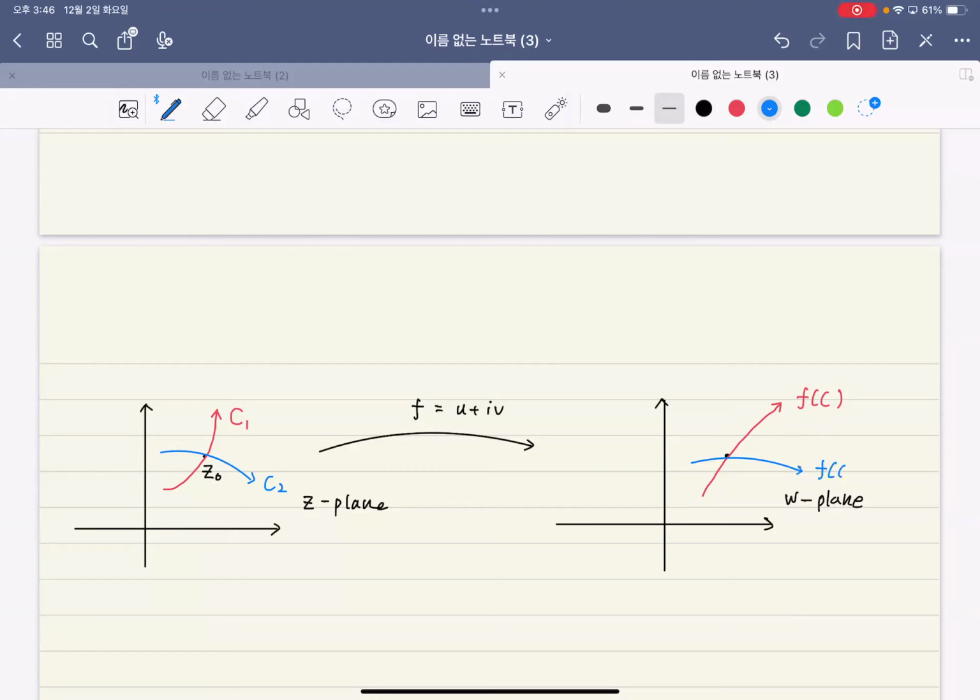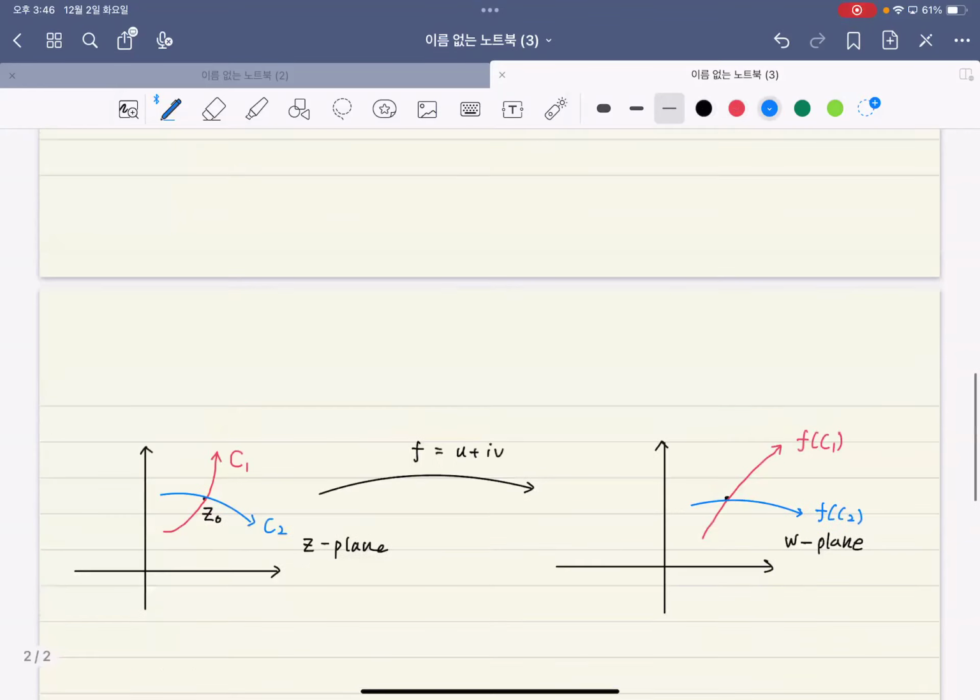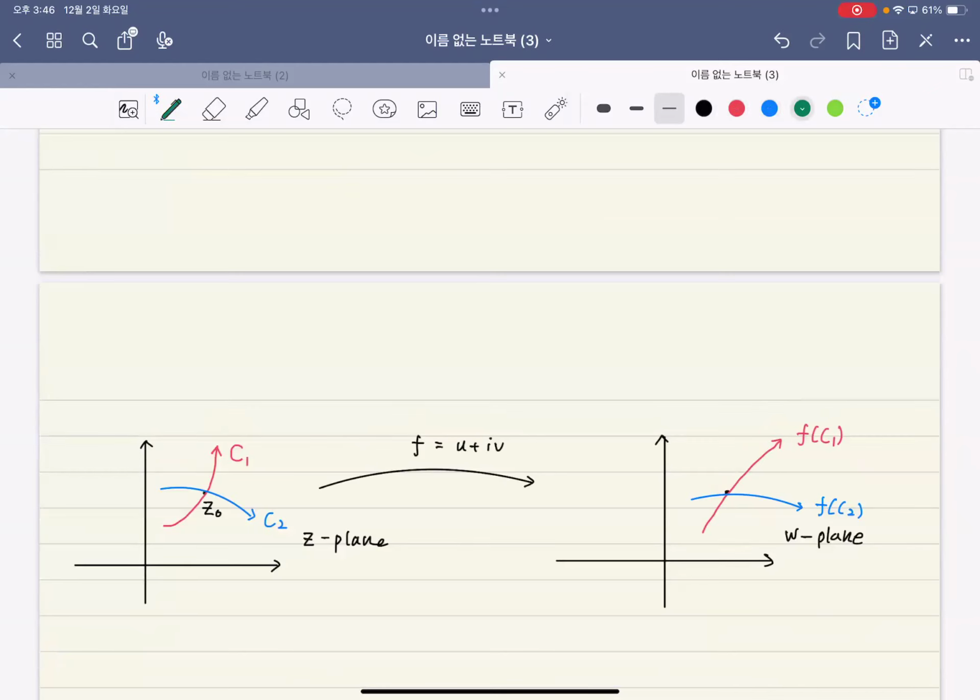Then this is f(C2). I can think of a tangent line here and there. This one is tangent to the blue one, and this one is tangent to the red one. And the same, I can consider the same tangent lines on this space, the w-plane. The first one is this, and the second one is that.